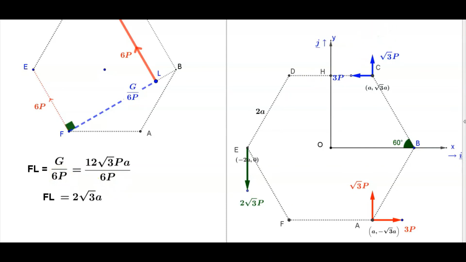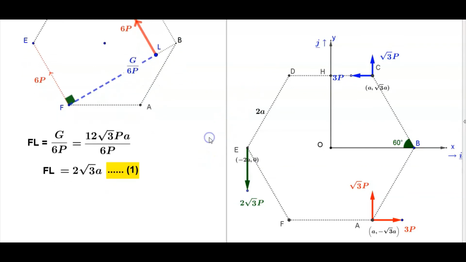Therefore, FL is 2 root 3a. Let this be equation number 1. This point L can be anywhere in this side. This is one of the certain instances.